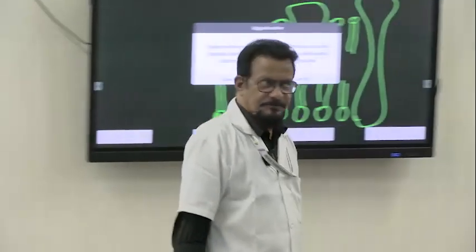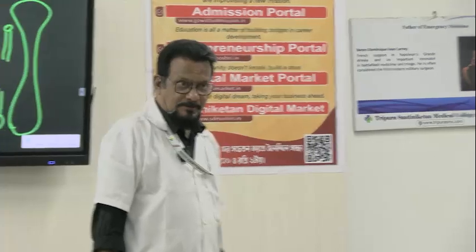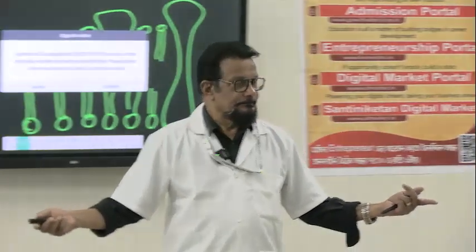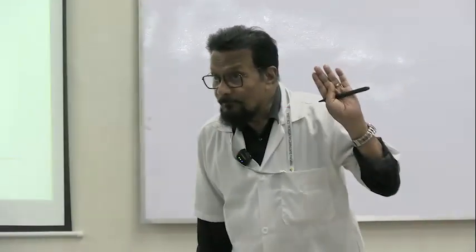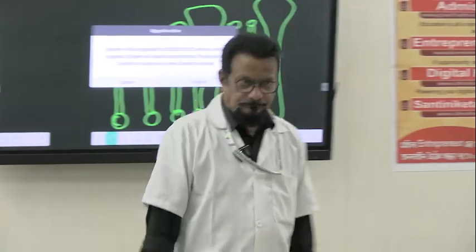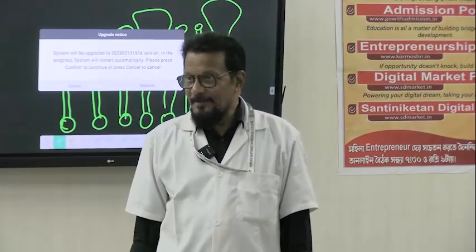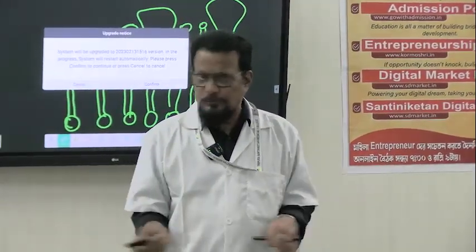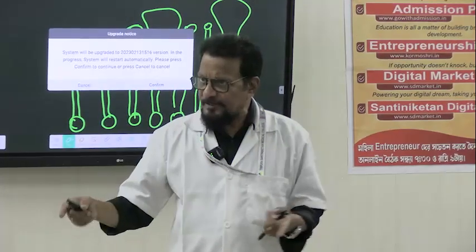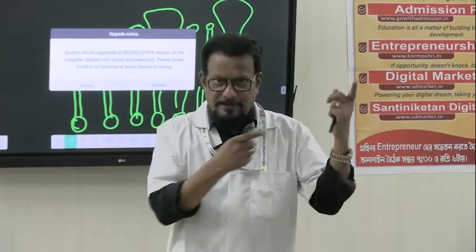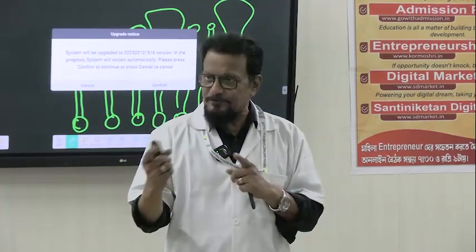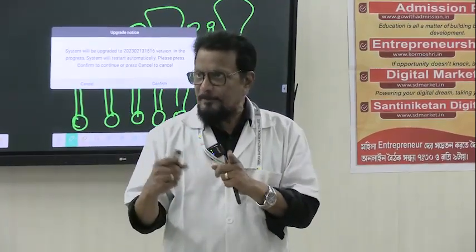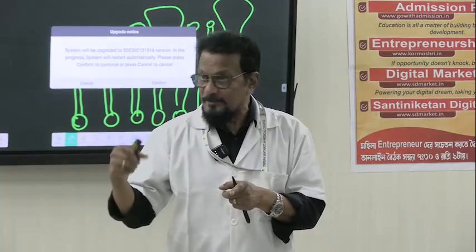What are carbohydrates? Tell me, who can tell? Carbohydrates are polyhydroxy aldehydes or ketones. A lot of hydroxyl groups will be there, a lot of carbons, hydrogen and oxygen, but usually oxygen and hydrogen remain in the ratio of water, H2O.